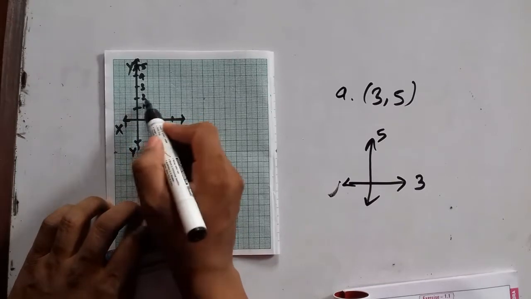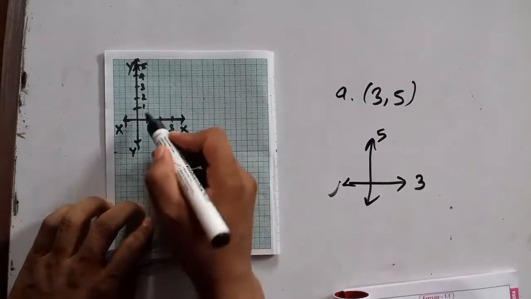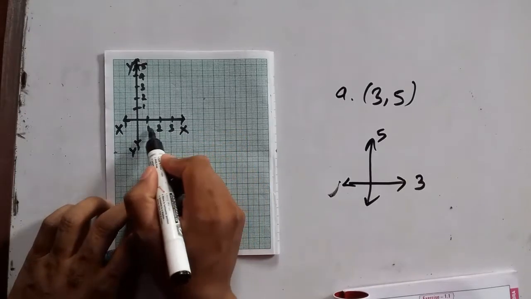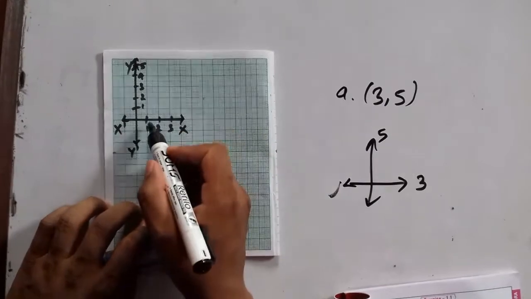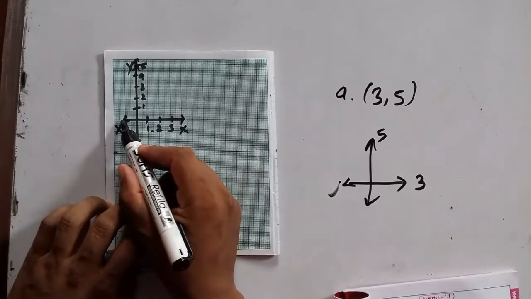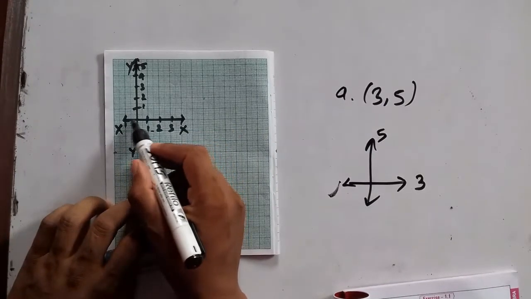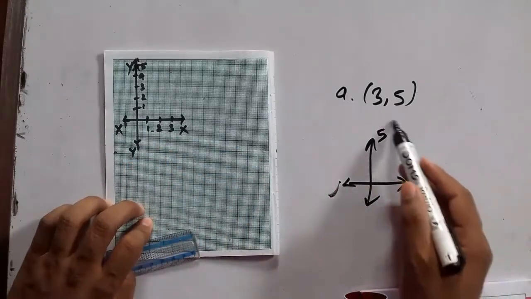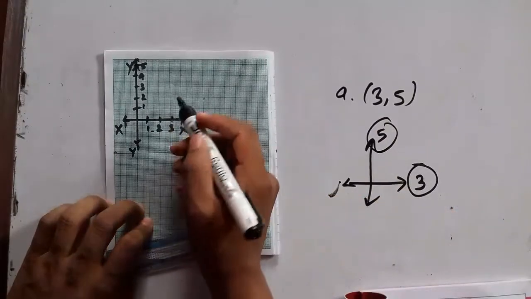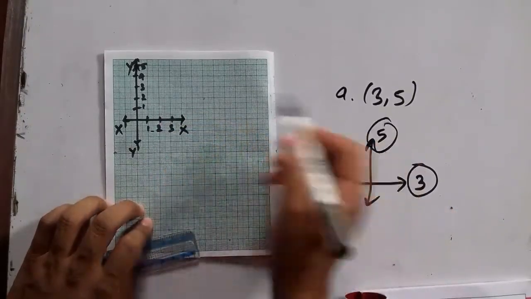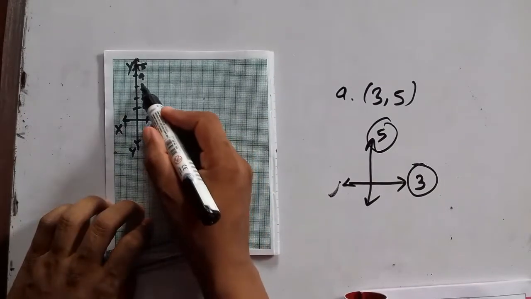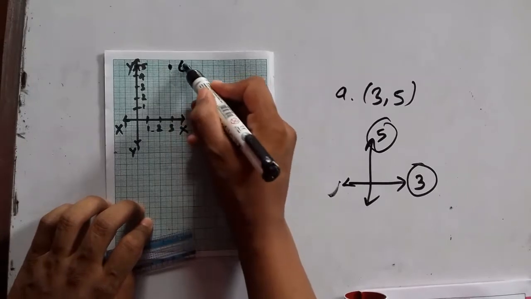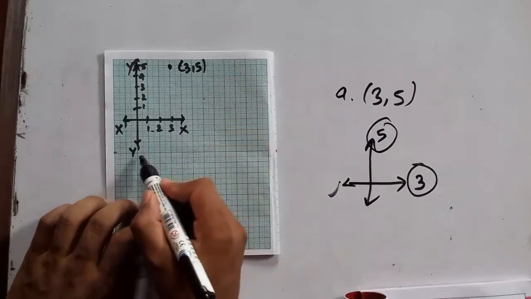You can write on any side, but it is good to write below. On this side we don't need to write, you may write also, but it is not necessary as we don't have negative numbers here. Now 3 and 5, 1, 2, 3, 1, 2, 3, 4, 5. The point (3, 5) lies here. So this is the plotting for question number A.